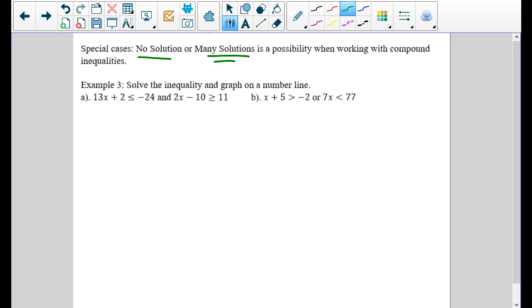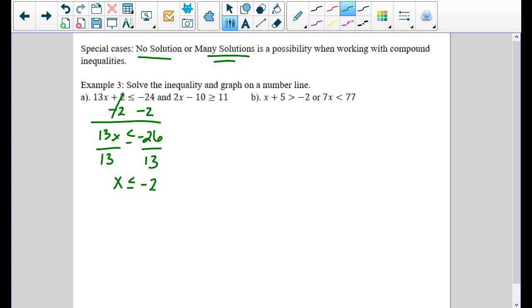Here we have an and inequality, so again, both have to be true. We're going to solve, and we have two separate inequalities. On the left inequality, we'll subtract 2: 13x less than or equal to negative 26. Dividing by positive 13, x less than or equal to negative 2.